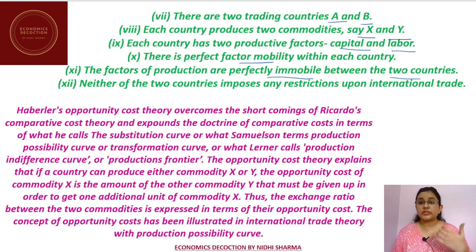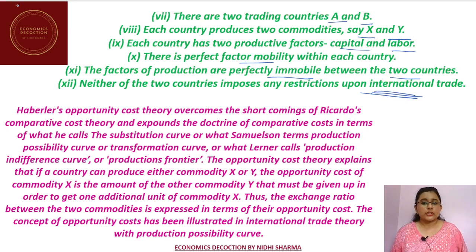The factors of production are immobile between countries, but they are mobile within countries. That means in India labor can go from any state to another, and move from one sector to another. So the factors of production are mobile within a country but not across countries. Neither of the two countries imposes any restriction upon international trade, that means there is free trade.